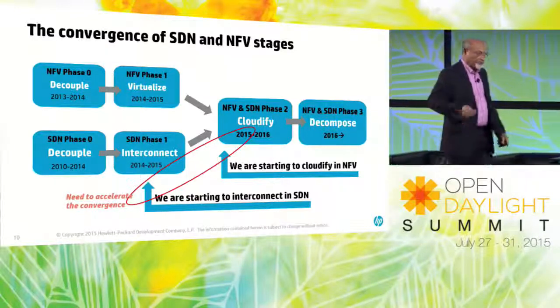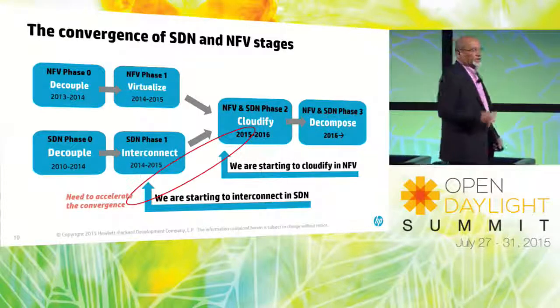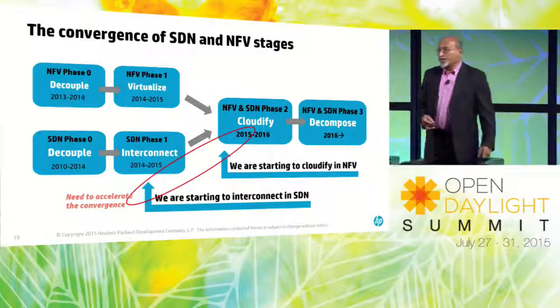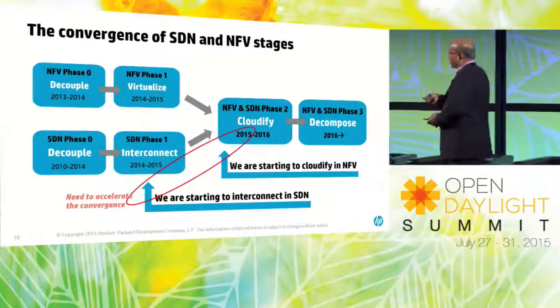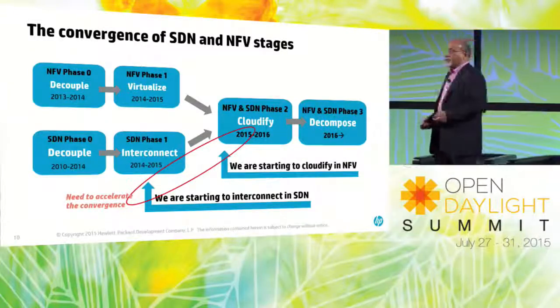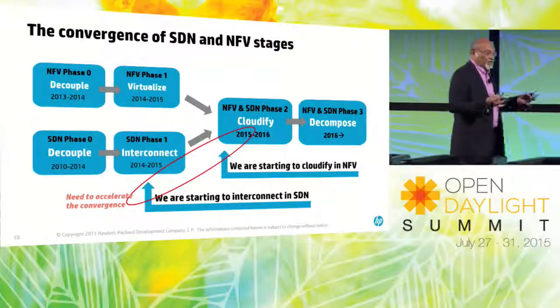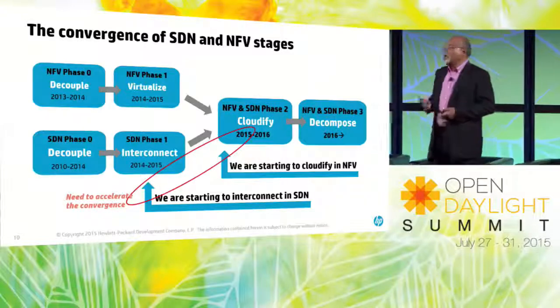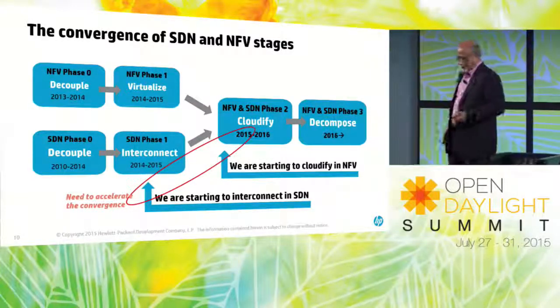And I believe projects like Open Daylight are key and critical to doing this. If we can concentrate on the right things we're doing there, we can actually get to this faster. Because the frameworks are there, the philosophy is there, the way we've built the Open Daylight framework is supportive of this. It's just that we need to work on the right things.